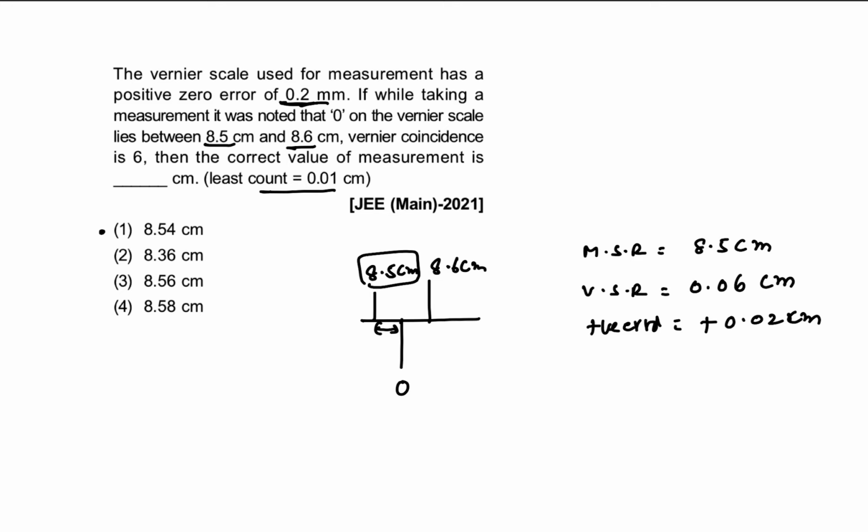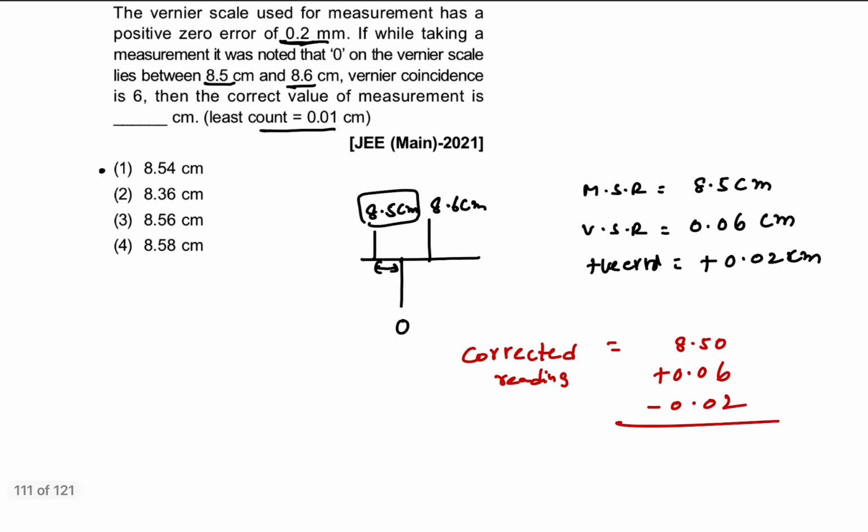We have to calculate the corrected reading. Corrected reading, if you do that, we can write 8.50 plus 0.06 minus 0.02. We have to subtract that. If you subtract that, you will get 8.54 centimeters. First option is the correct option. Okay.